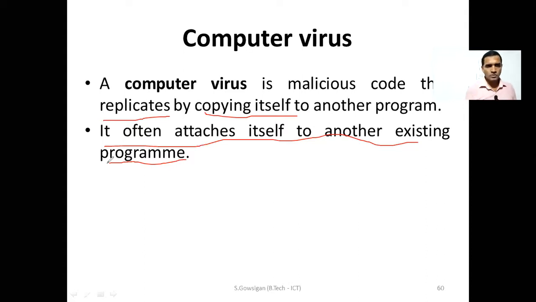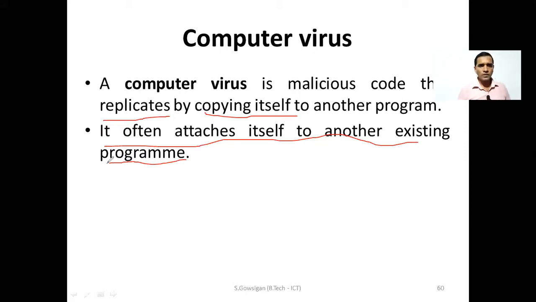These are the 2 points to be remembered, because look at the first 3 malwares which I mentioned: virus, worm, Trojan horse. All these 3 malware are almost similar, right? Their behaviors, their way of attacking, their harmfulness, almost similar.